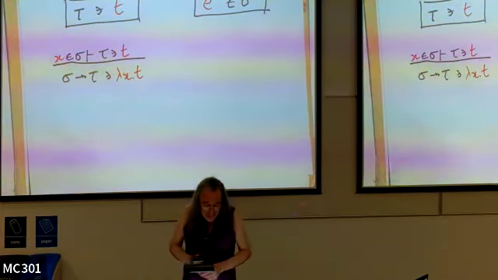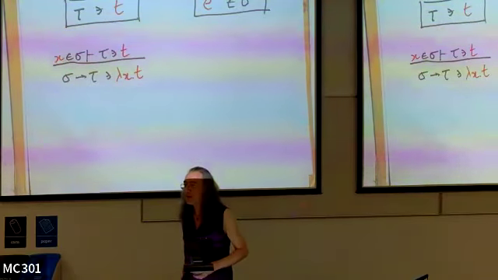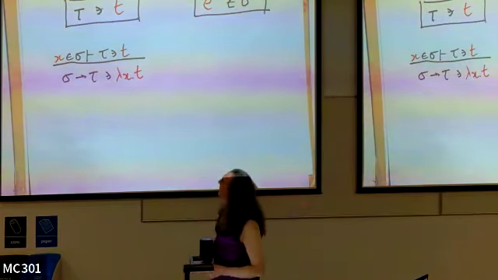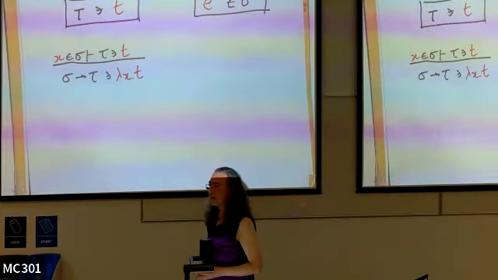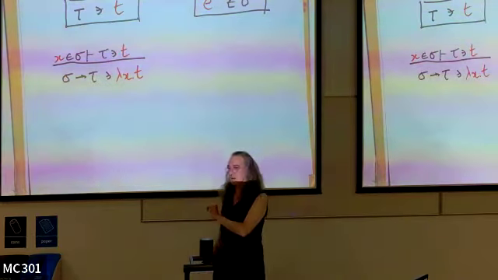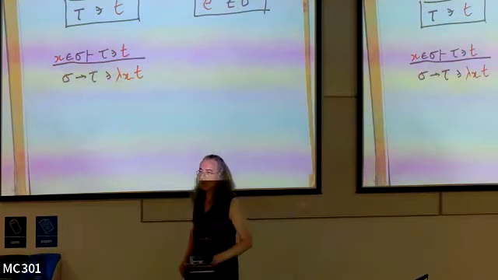Right. So actually, yes? So now you have a context on the left from the turnstile in your premise, but no context in the conclusion. This is an excellent question, and one which I was going to answer later, but I'll come to it now.